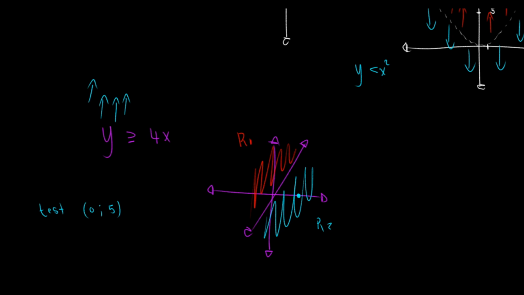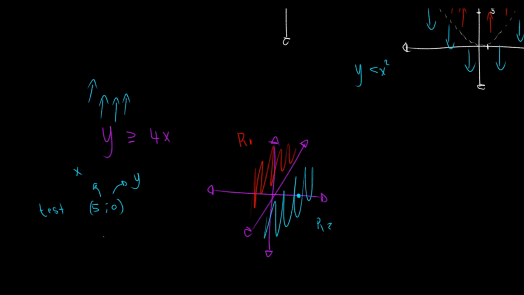Okay, so y is equal to 5. And, excuse me, what am I doing? 5, 0. We have an x coordinate and we have a y coordinate. So let's go test.